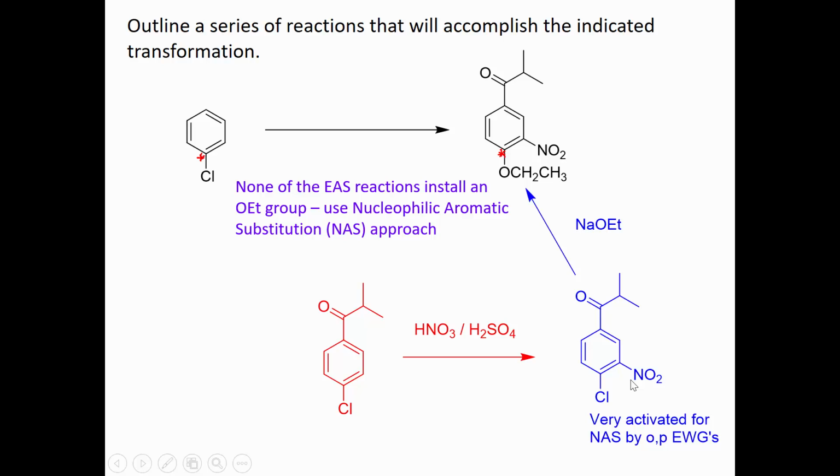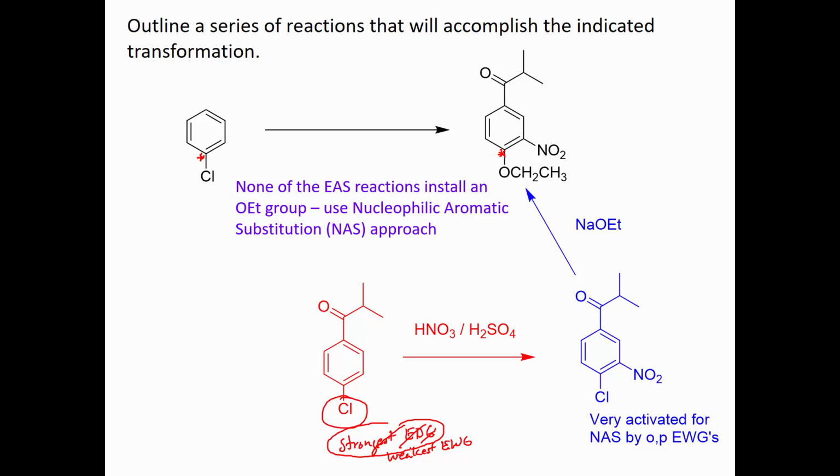And when we look at this, the chlorine is the strongest electron donating group, or we could say the weakest electron withdrawing group, because remember, it's not actually an electron donating group at all.